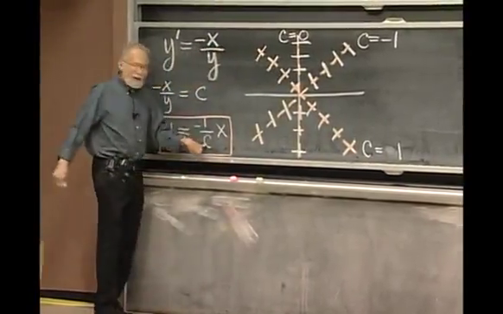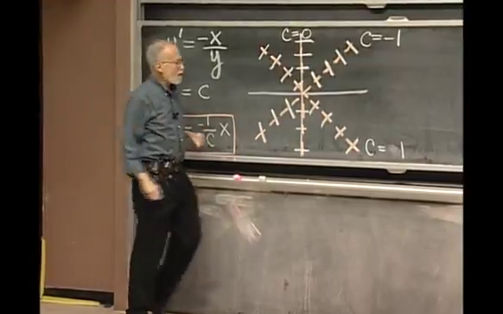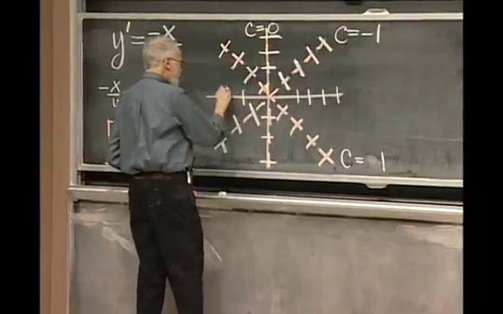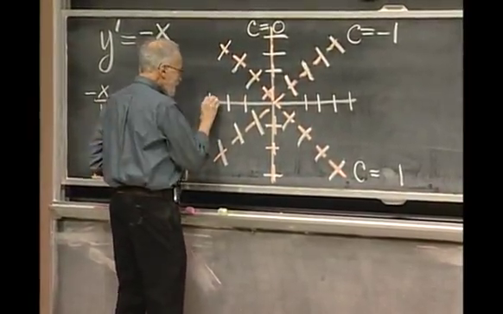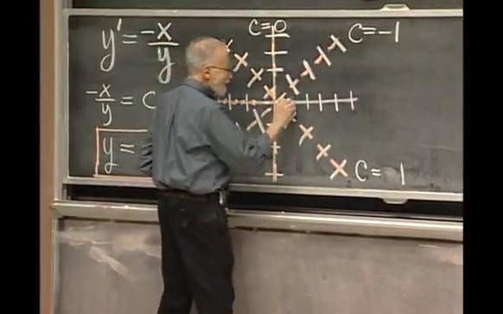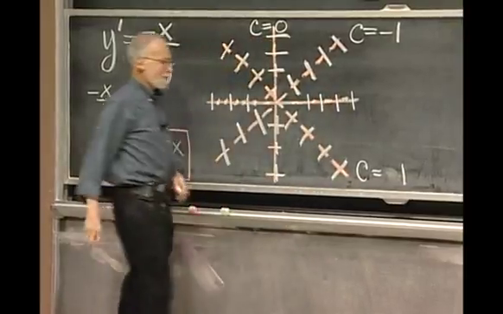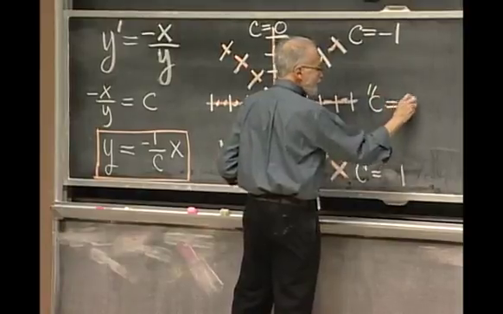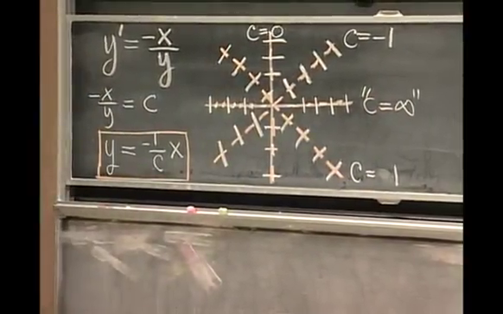So if C is infinity, that means the little line segment should have infinite slope, and by common consent, that means it should be vertical. And so we can even count this as sort of an isocline, and I'll make the dashes smaller to indicate it has a lower status than the others. And I'll put this in, do this weaselly thing of putting it in quotation marks to indicate that I'm not responsible for it.